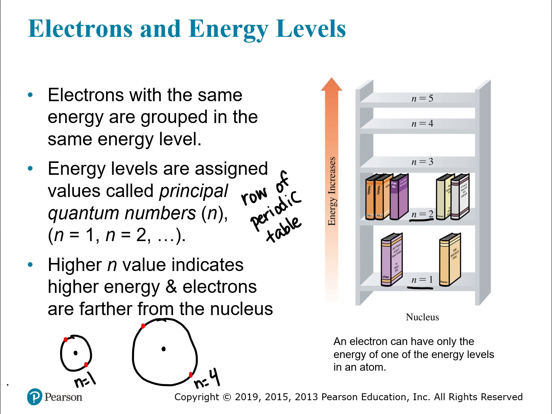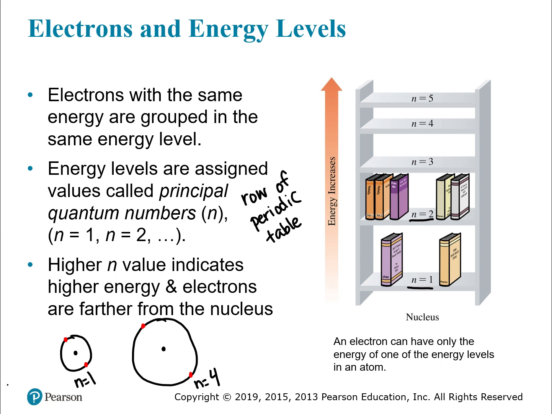Okay, I can repeat that. So the first point is that electrons are grouped together if they have the same energy. So every electron that has enough energy for level 1 is going to be on level 1. Level 2 electrons are going to be on level 2. And those levels are called principal quantum numbers, which is abbreviated with an n.